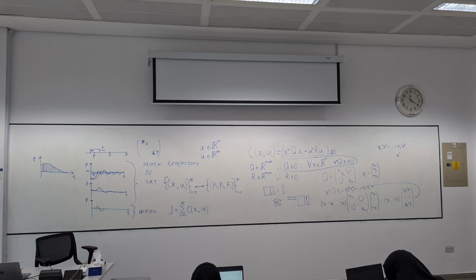Q is X1 i, X2 i. This X1 i is just position B i, and X2 i is just the velocity.